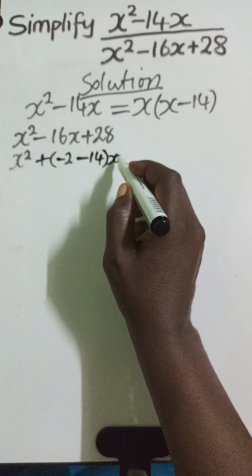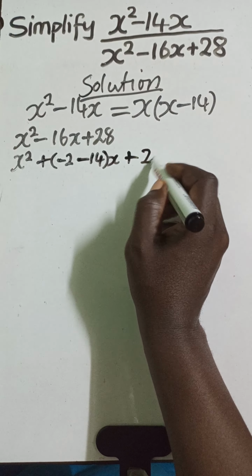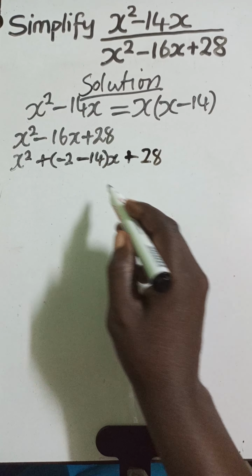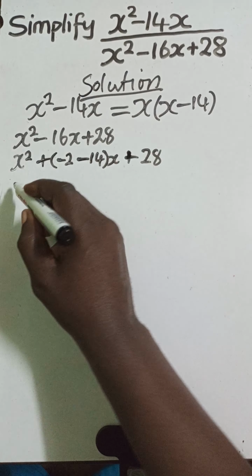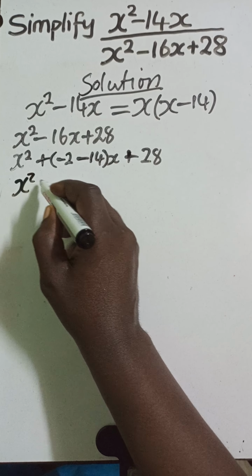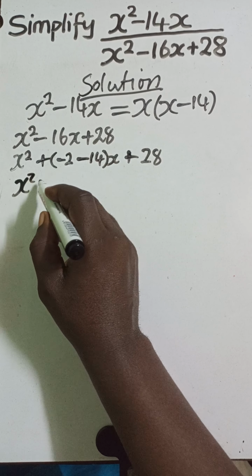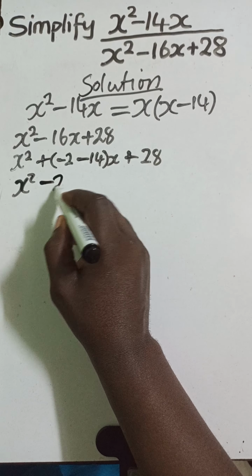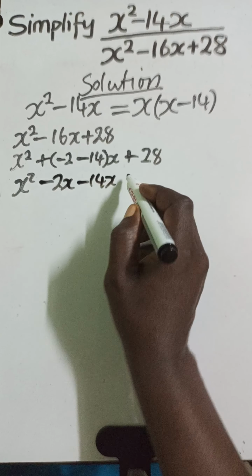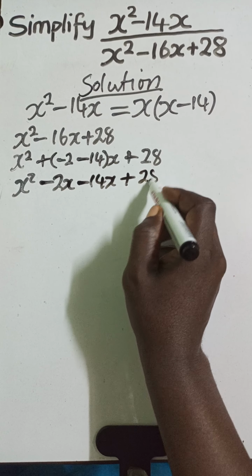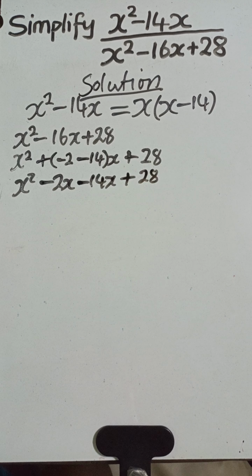Remember, the 16 was multiplied to x. Now let's open the parentheses. We have x squared plus negative 2x, negative 14x plus 28.